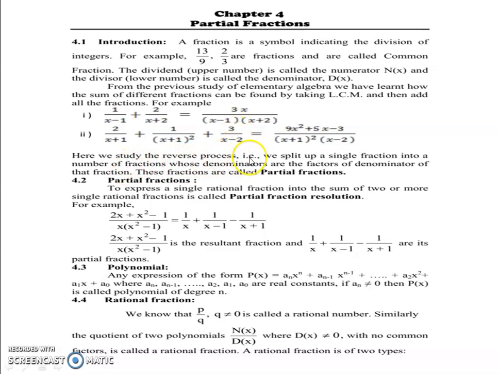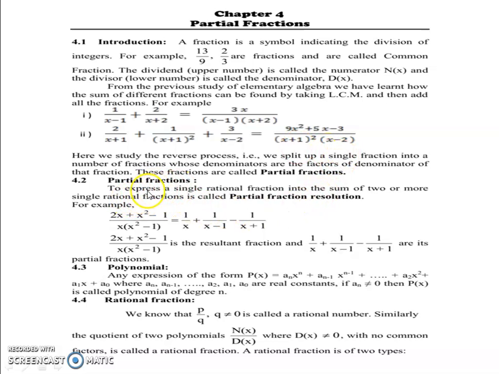Here we study the reverse process, that is, we split a single fraction into a number of fractions whose denominators are factors of the denominator of that fraction, and these fractions are called partial fractions. So the right hand side patterns are partial fractions. We convert them into the single form of the fraction.